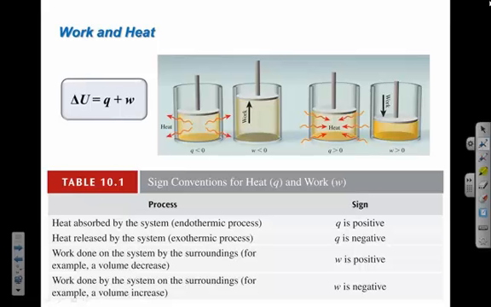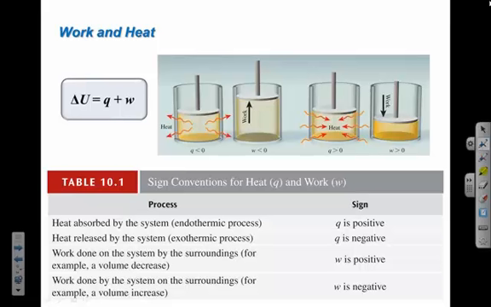So a system could release heat or release work. From the point of view of the system, this is energy that the system is releasing. Whether it's releasing heat or doing work, that energy that the system no longer has, it's done that energy on the surroundings or pushed that energy into the surroundings.